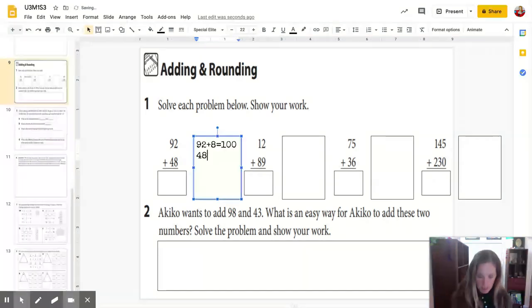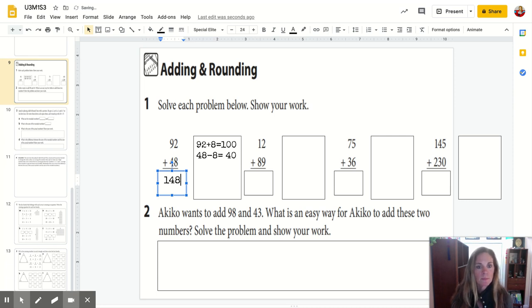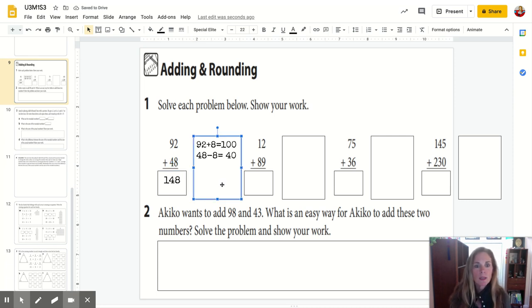So 48 minus 8 equals 40. And then I'm going to add those two together and write the answer right here, 148. So show your work, show your give and take in these boxes, show your answer in this box.